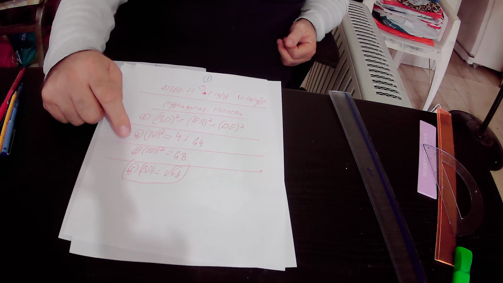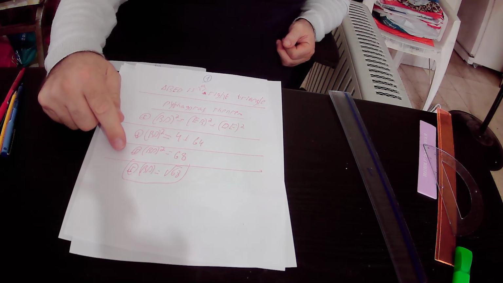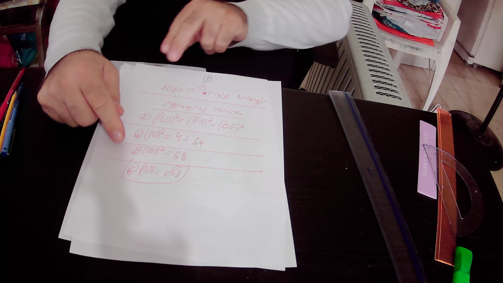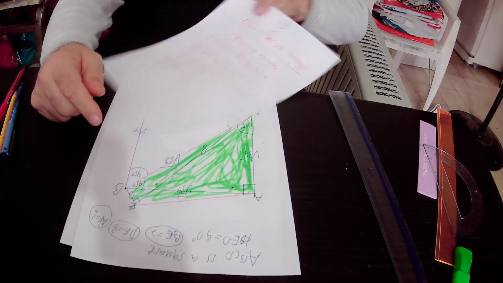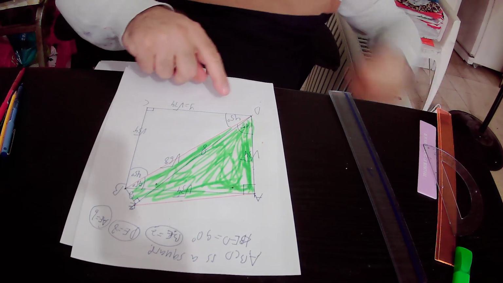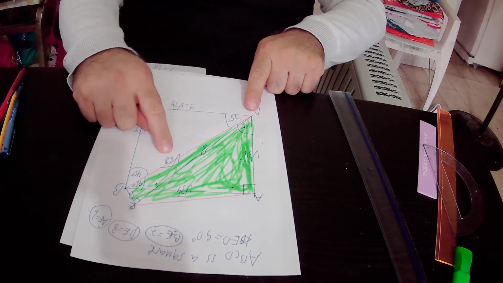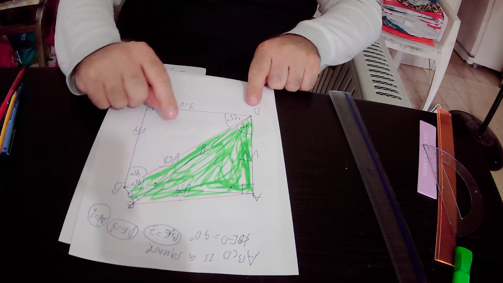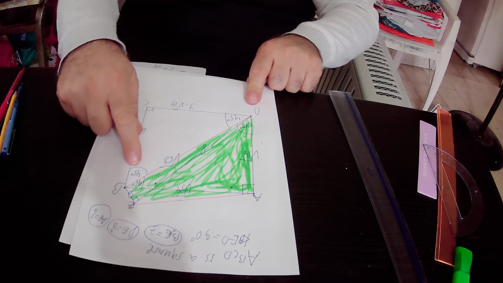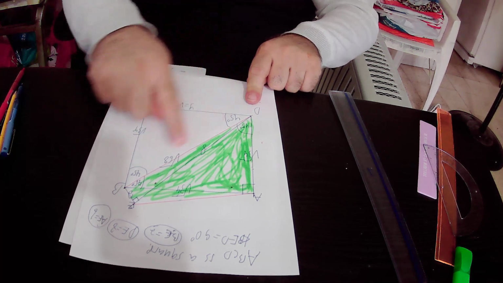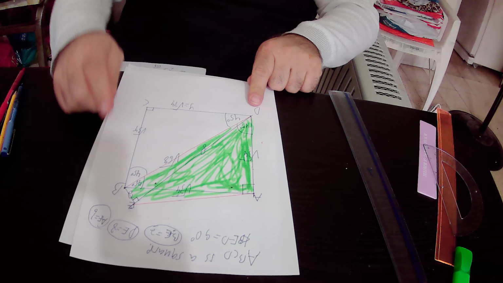So here we took a root out of equation number 1 and we got the value of DB. DB equals to the square root of 68 units. So here we can write that DB equals to the root of 68 units. DB is actually also the diagonal of square ABCD.